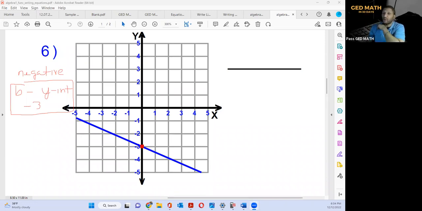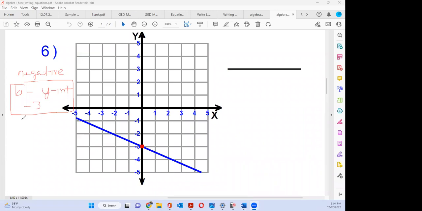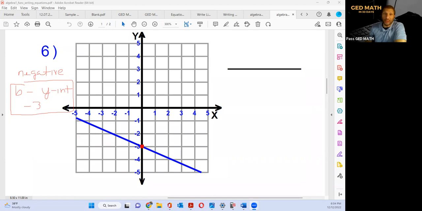Now, how do we find the slope of this line? How many points do we need to identify a slope of a line? 2 points. We need 2 points. So how many points are identified on this line right now? 4?